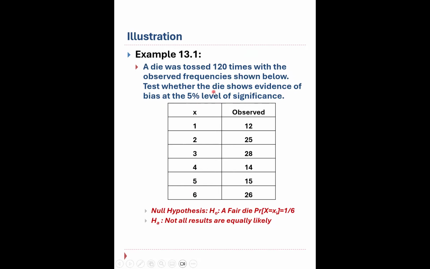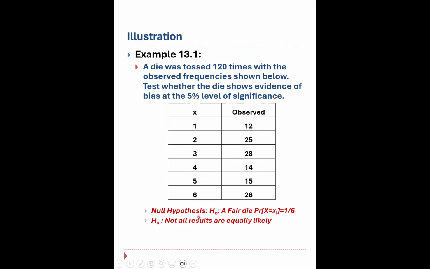So the bias is to be inferred at 5% level of significance. The observed data is given here. The one dot shows up 12 times, two showed up 25 times, and we have these numbers generated when it was rolled 120 times.